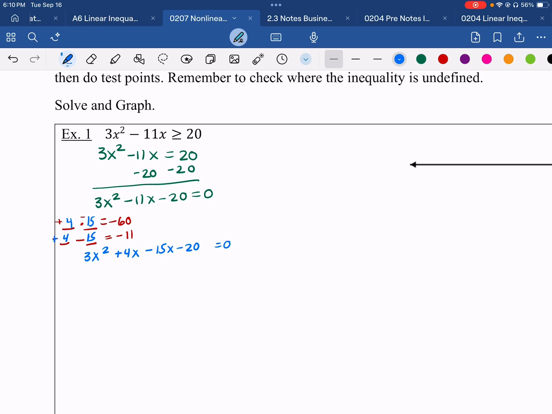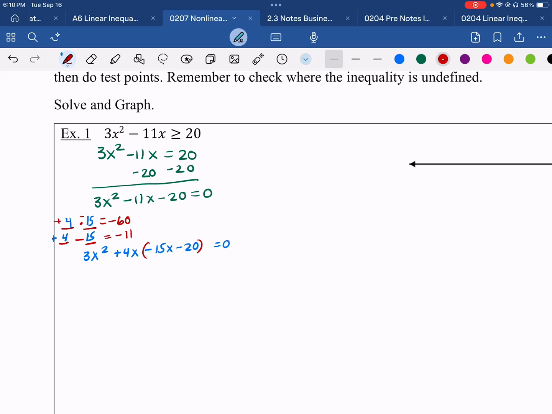It still equals 0. Group the first two together, group the last two together, put a plus sign in between. The common factor out of the first two is x, so I get x times 3x plus 4. Now the second two is negative 5 times 3x plus 4. It still equals 0. In common is 3x plus 4, then x minus 5.